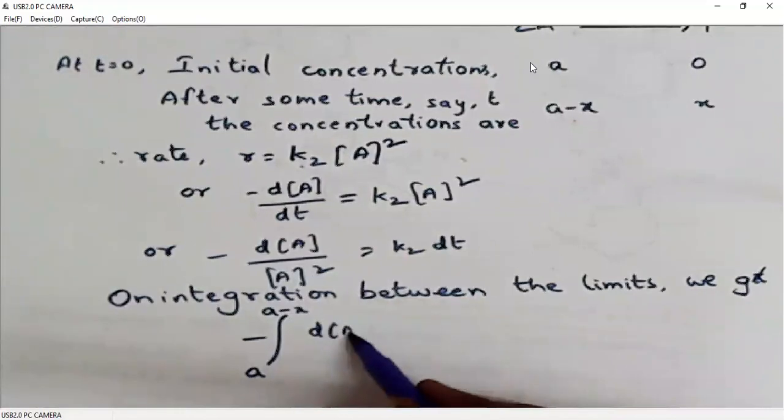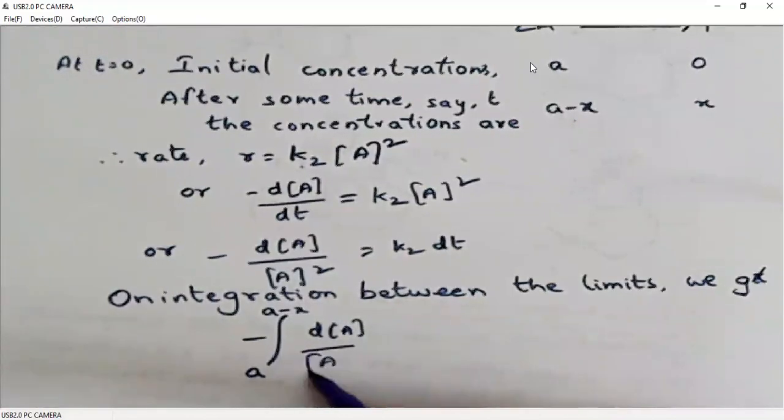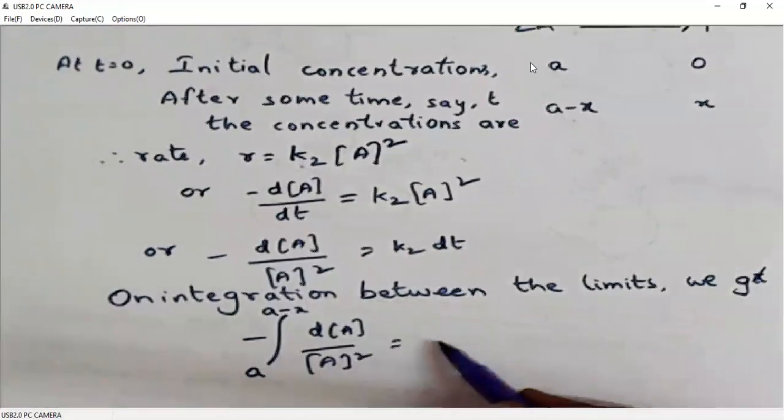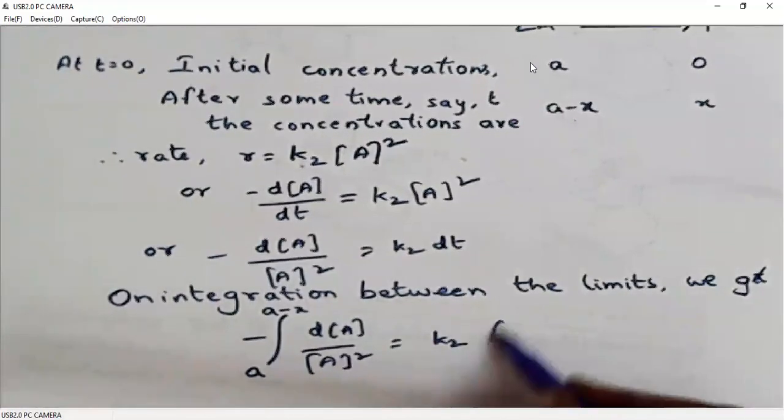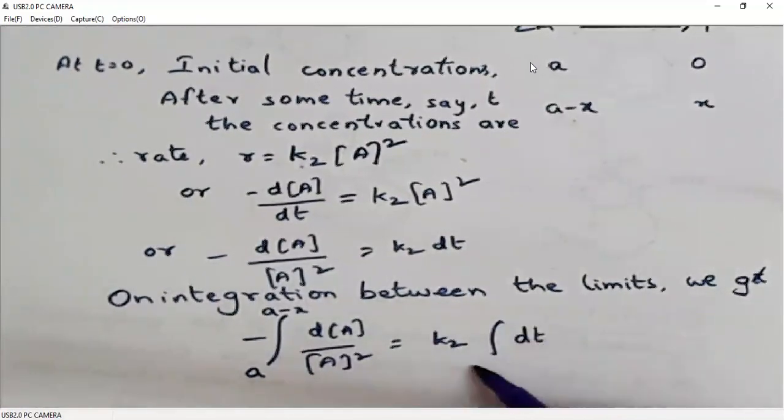So dA by A square is equal to K2, a constant, and dt is the variable, initial time 0. Then what is the integration for x power n? Integration for x power n is x power n plus 1 by n plus 1.